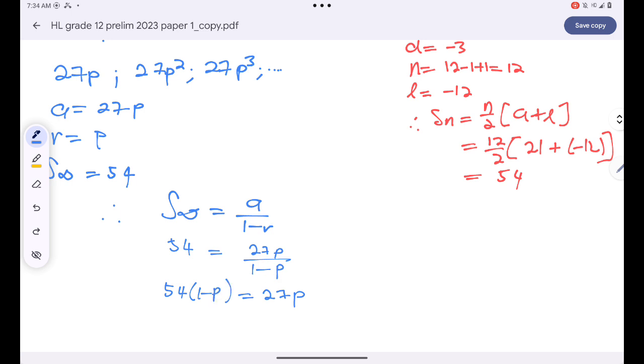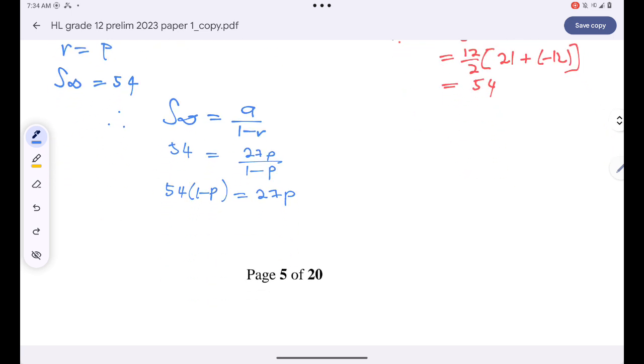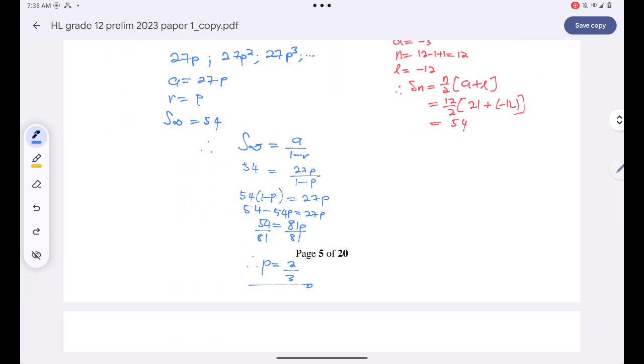So now I'm supposed to remove the brackets. I'll end up having 54 minus 54p is equal to 27p. Then 54 will be equal to 27p plus 54p. This is 81p. Then if we divide both sides by 81, the value of p will simply be 2 over 3.